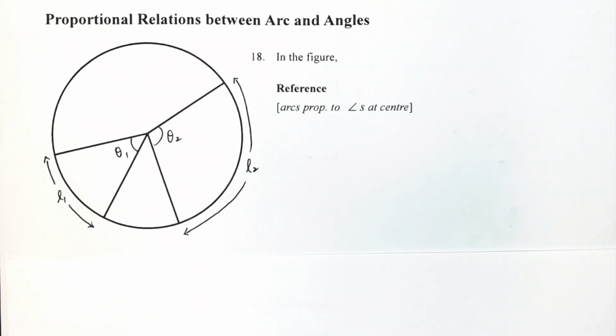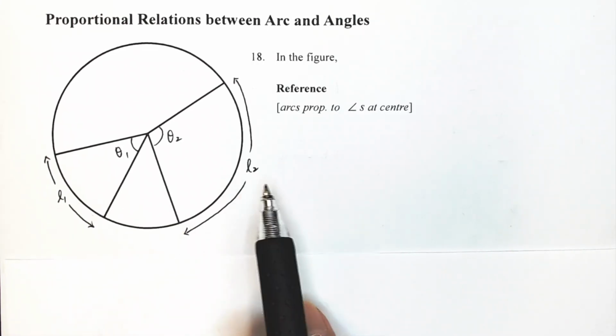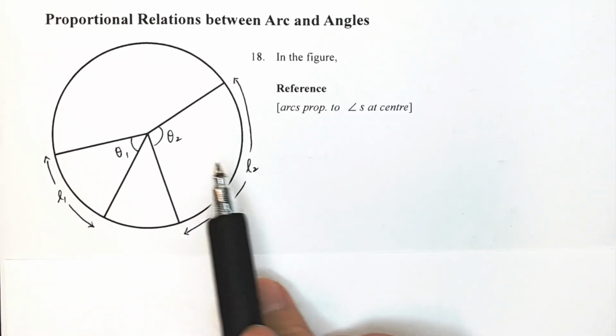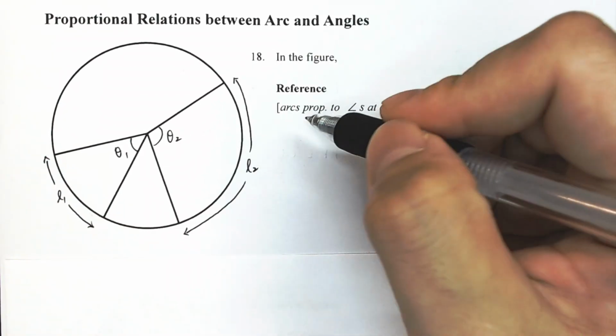Now, in the figure, we have two sectors, one with arc length L1 and one with L2, and the angles of the sectors are theta 1 and theta 2 respectively. We have one relation based on the arc length formula.